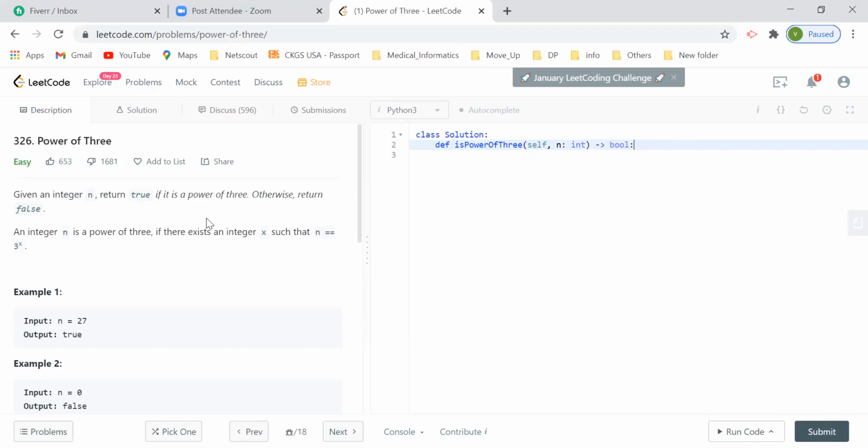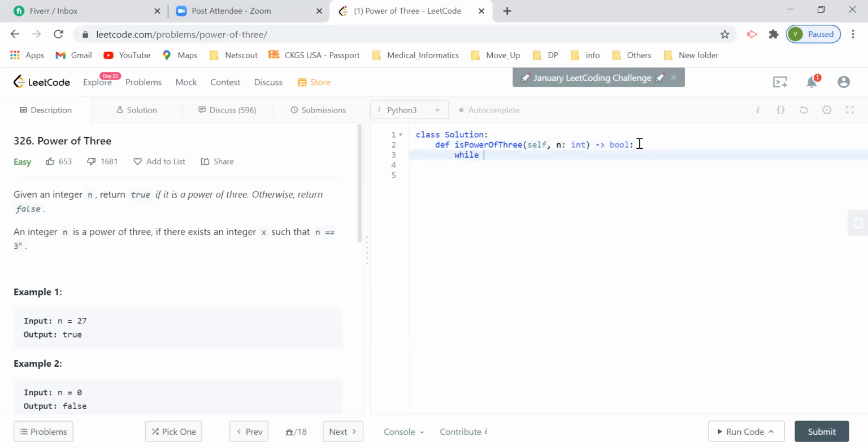Okay, if it's a power of 3, otherwise return false. So basically its factors should be only 3, right? That's what it means. Yes. So it's the same kind of thing, right?